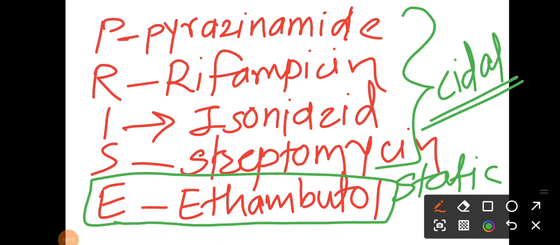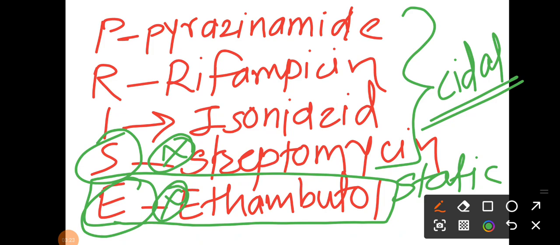Another point: streptomycin and ethambutol, the only two drugs from the first line, are not hepatotoxic. The remaining are pyrazinamide, rifampicin and isoniazid. These three are very hepatotoxic in nature. So that is a very important point from your anti-tubercular agents.